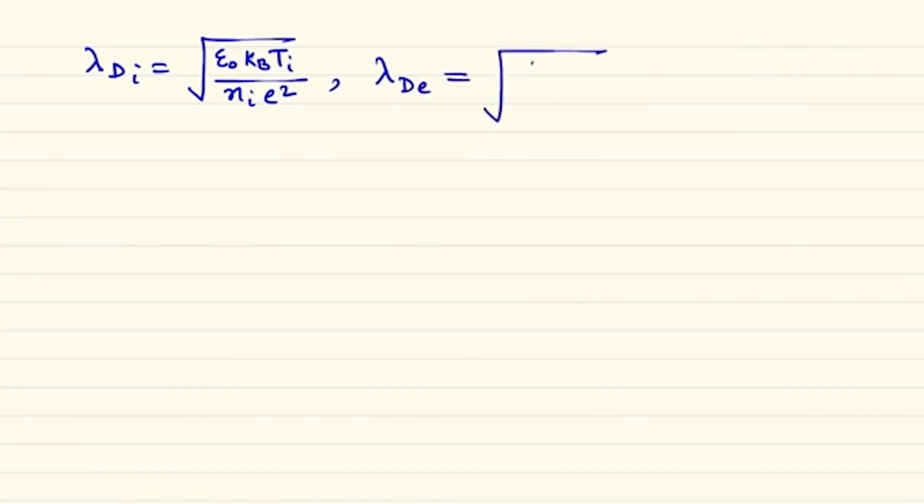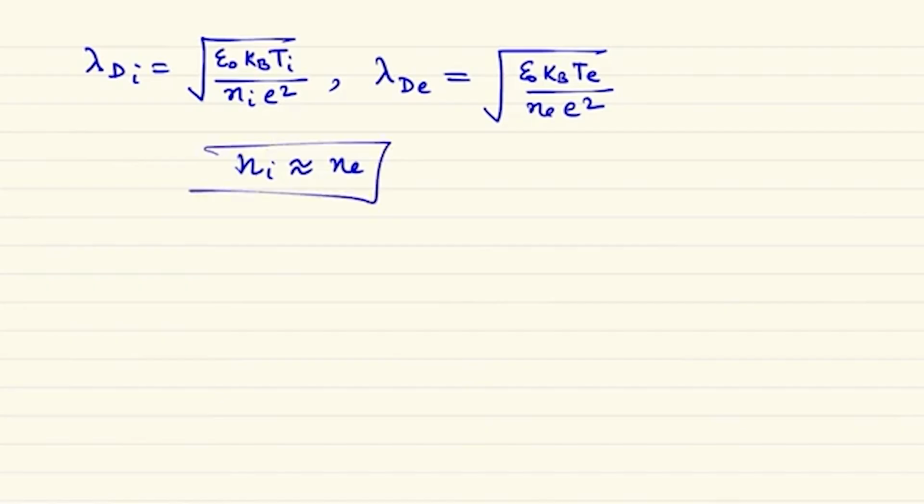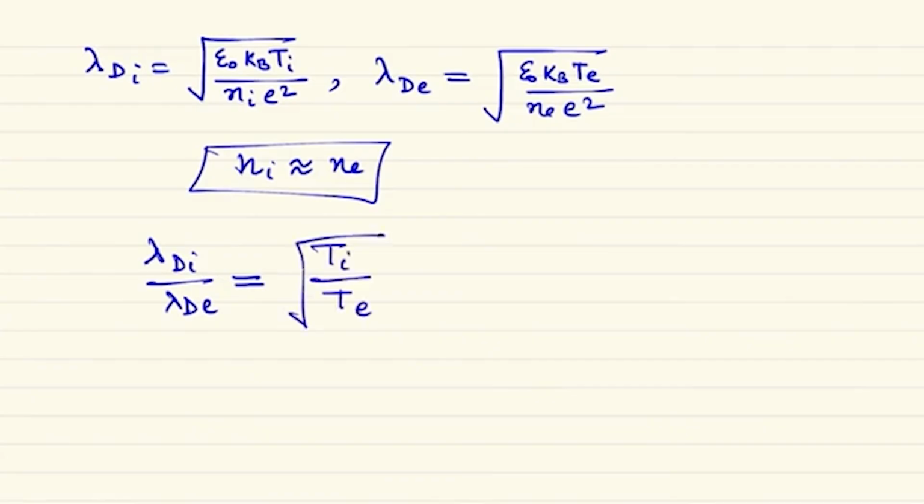That will be simply epsilon 0 kB Te by ne e squared. Now let's say we just assume that Ni is very close to Ne. Then lambda Di by lambda De will simply be the square root of Ti by Te.